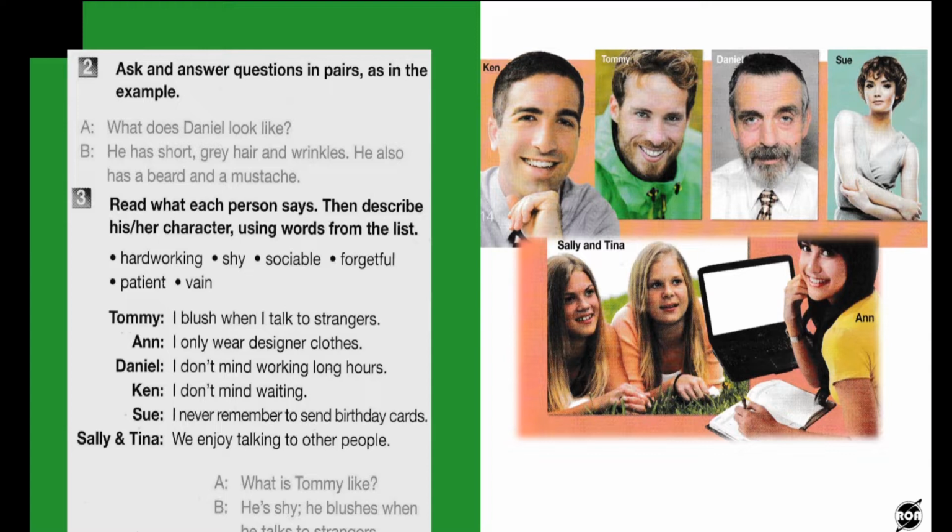He also has a beard and a mustache. But if I am trying to know the personality, the character of a person, then the question that I would ask is the one on top, the one that says here, what is Tommy like? Okay, so here I'm describing his character or personality.